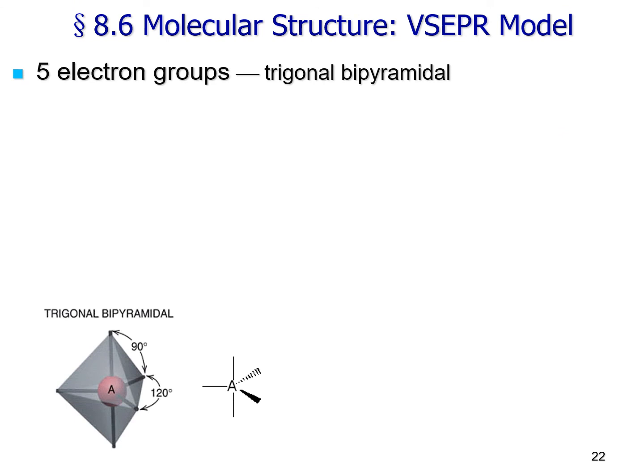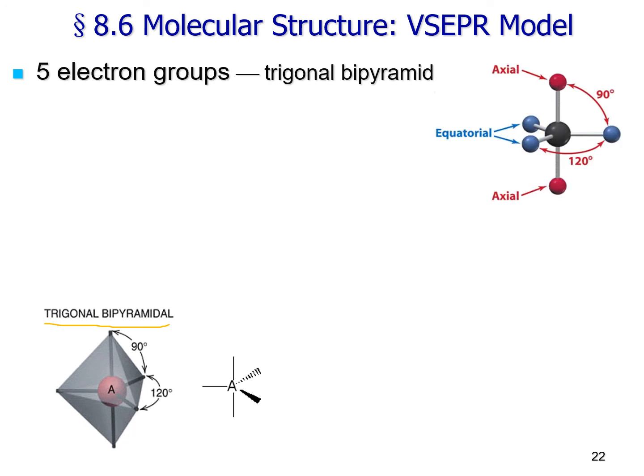5 electron groups is what we call trigonal bipyramidal, because we got one trigonal pyramid from the top and a second from the bottom, so that is why we have it.